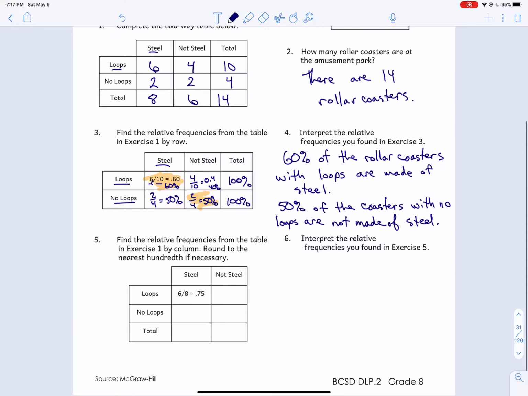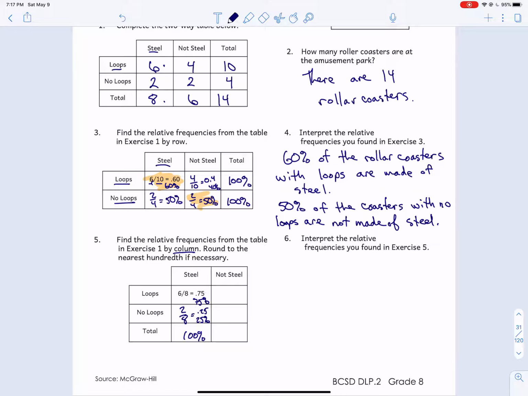Okay, so the next one is now by column. So now they left off this total column off to the side because we don't need it, because we're going to go straight down because we're talking about columns. Okay, so the first example, 6 out of 8. So 6 out of 8, and this would be 2 out of 8. Okay, that's 75%. And this would be 0.25 or 25%, and 100% as we had before.